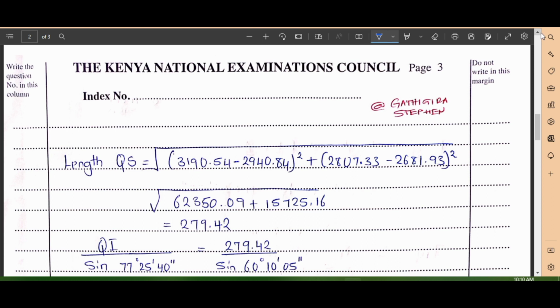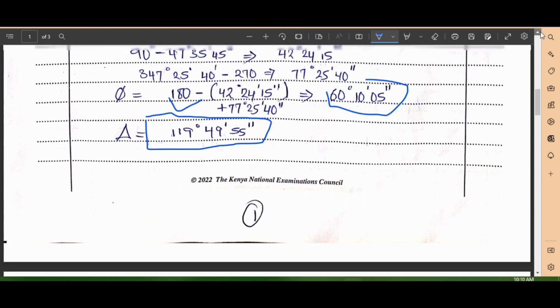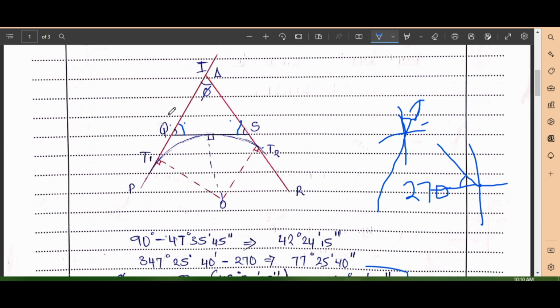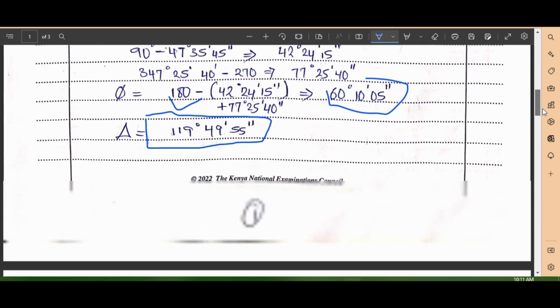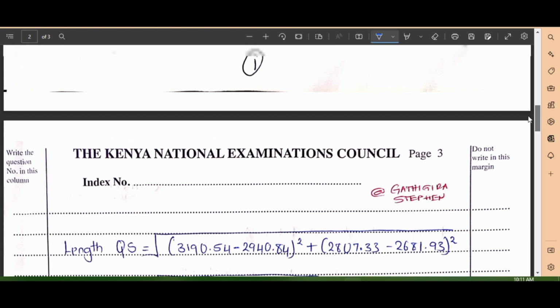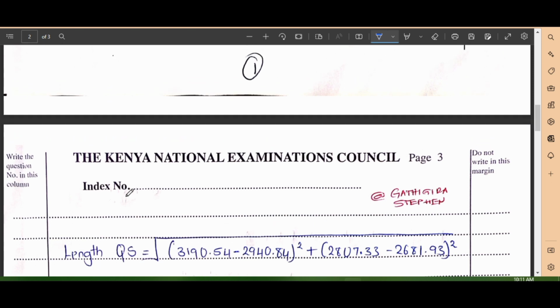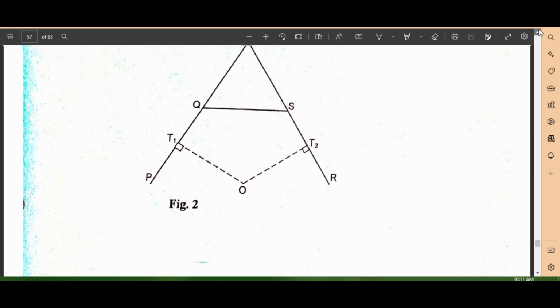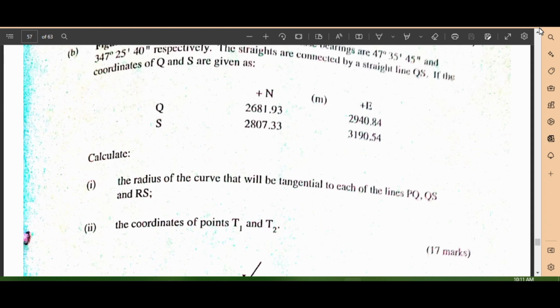The length of QS, I just want you to see, so I need to find this length. This is a simple formula found in traversing. In order for me to find the length of QS, I use the coordinates that have been given here in this question.